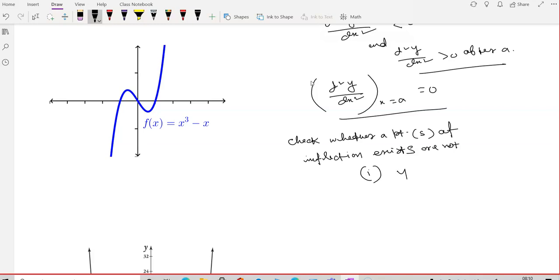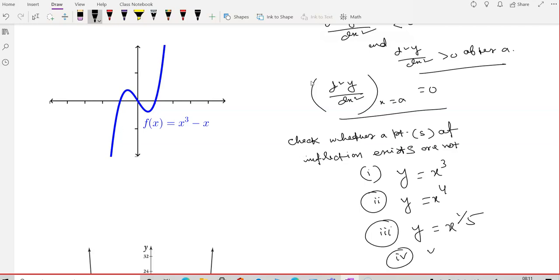Number one, we are taking y equal to the simplest one, x cube. Number two, we are checking y equal to x to the power 4. Number three, we are checking y equal to x to the power 1 by 5. Number four, we are checking y equal to mod of x square minus 4, the simplest one.